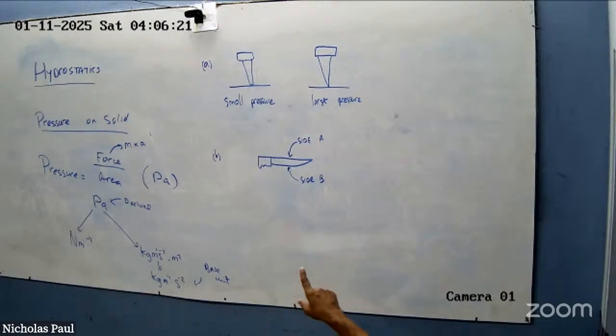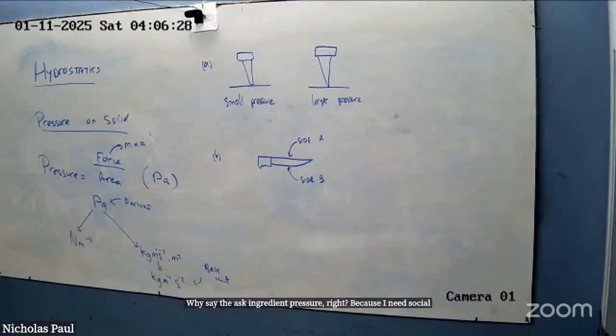Just remember to write why side B has the greater pressure, because of the surface area on that side of the knife.